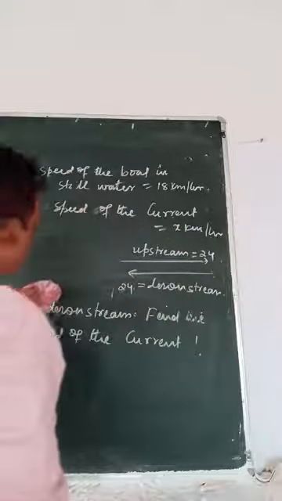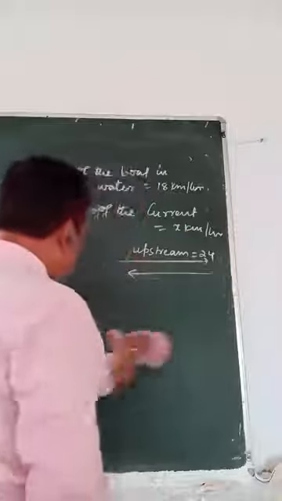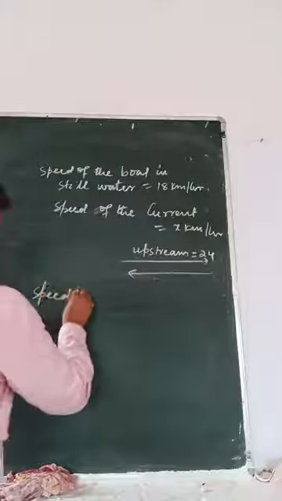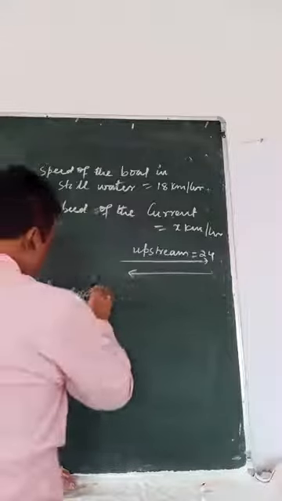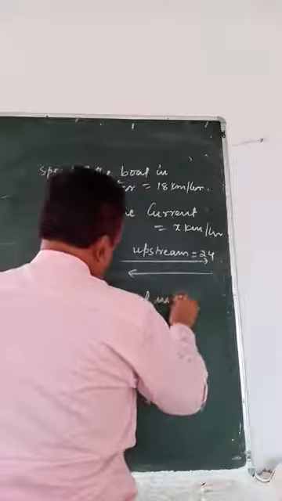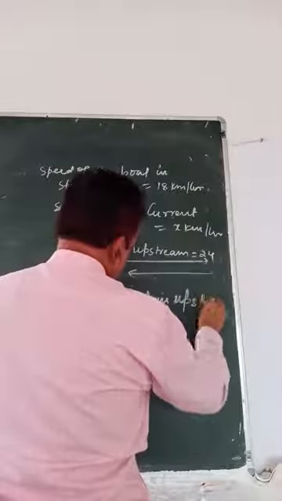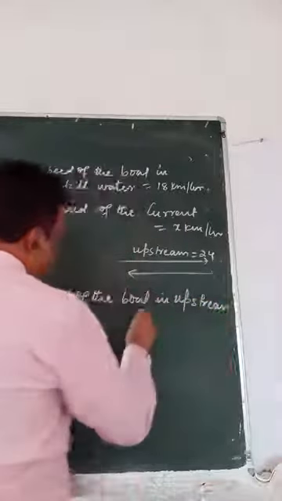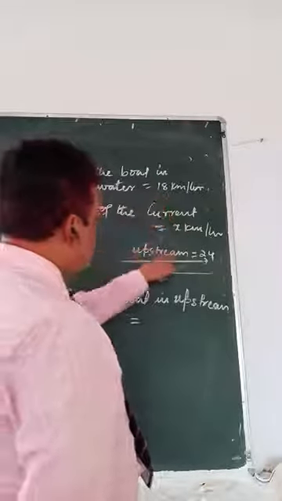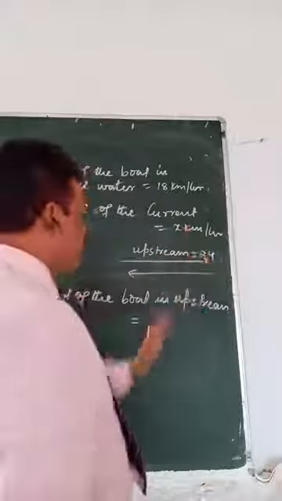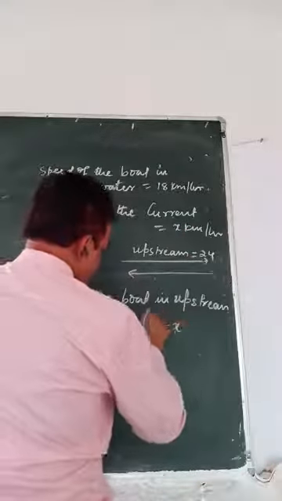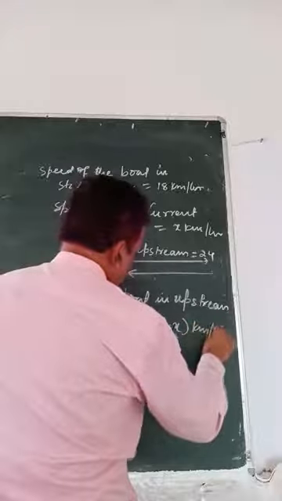So write down the formula. What will be speed of the boat in upstream? Upstream the current will make it minus, so it will be slow because current is opposing here. So it will be 18 minus x km/h.